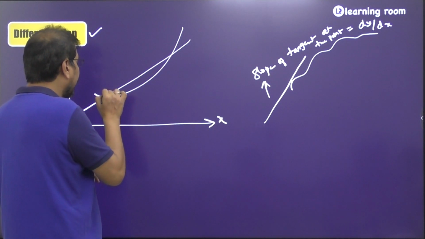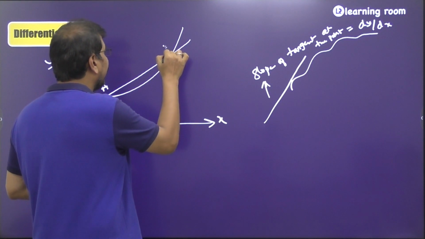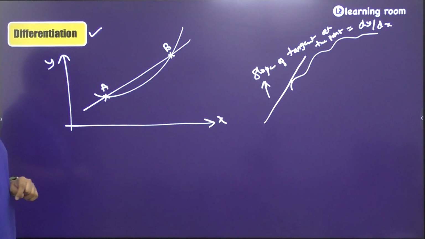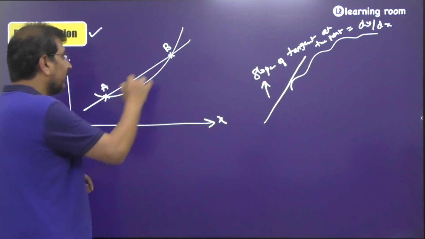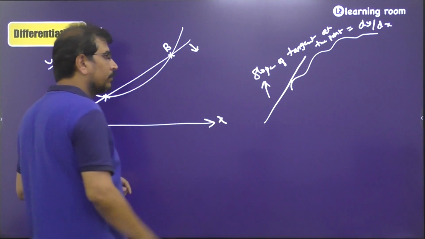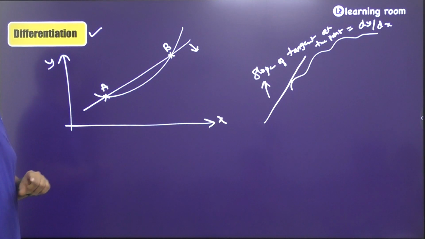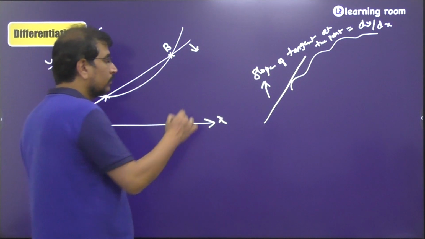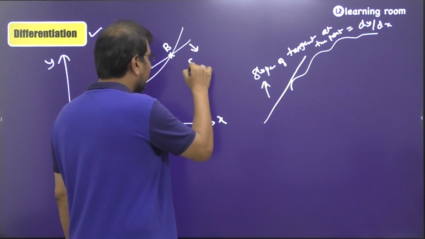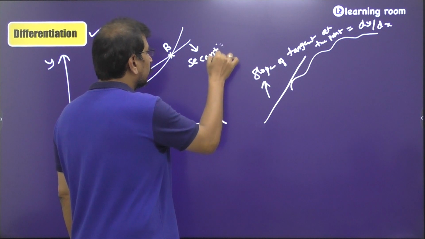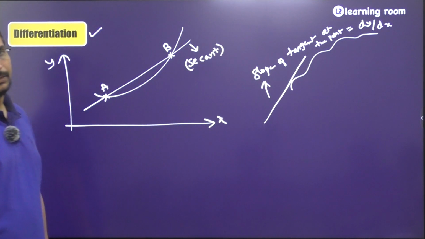So if I draw a line like this, if I take this point to be A and this point to be B, right? Then what is the name given to this line? Any idea? What is the name of a line which cuts the curve at more than one point? Sorry? It's called secant. It's called as a secant.